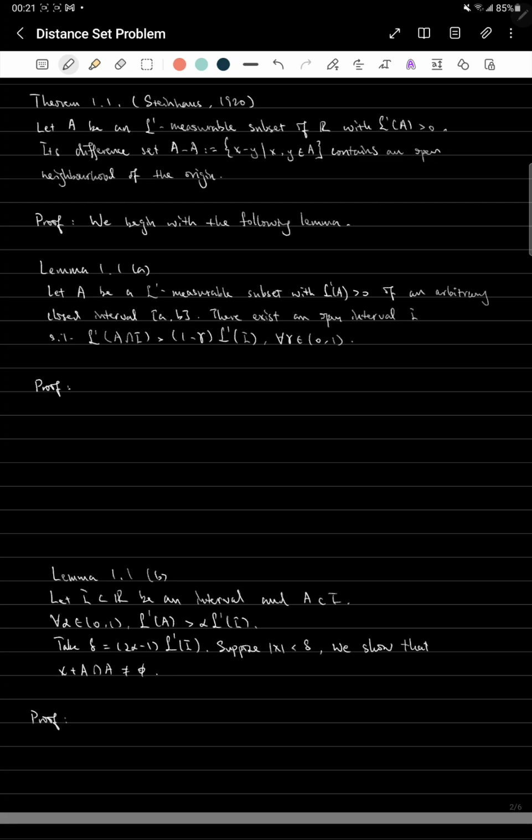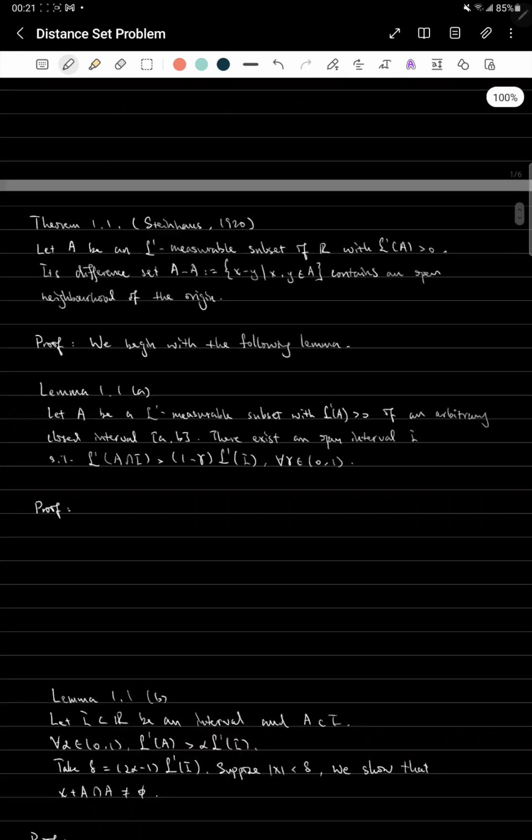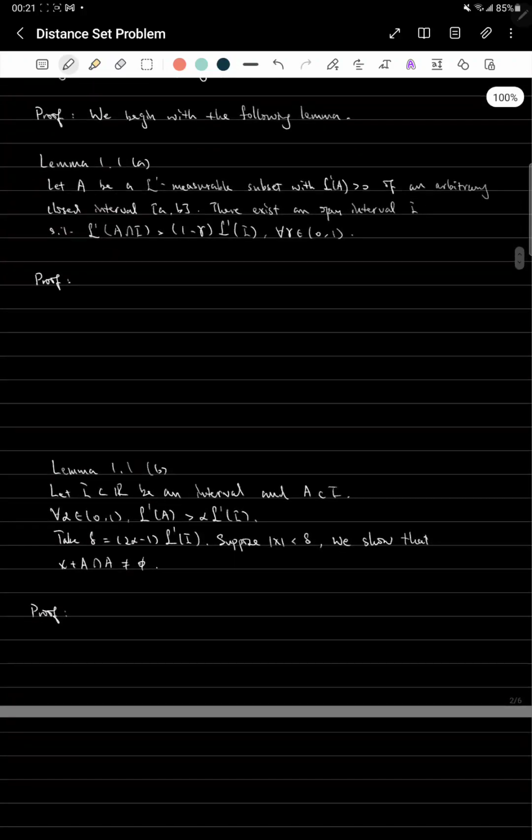For any Lebesgue measurable subset A with positive measure of a closed interval [a, b], there exists an open interval I such that the Lebesgue measure of the intersection is greater than something times the Lebesgue measure of the interval, and the proof should have appeared in the real analysis homework of many. So let's go through it pretty quickly.